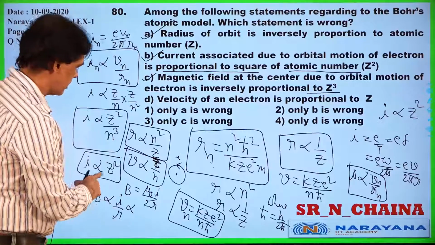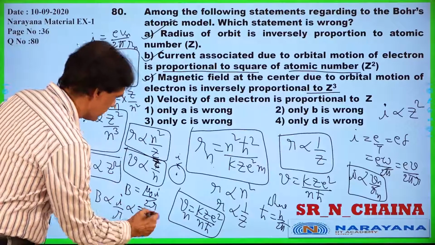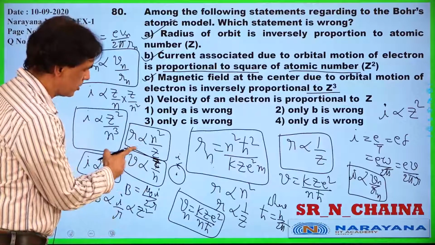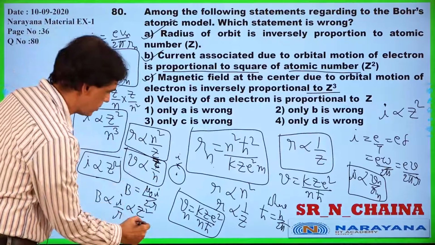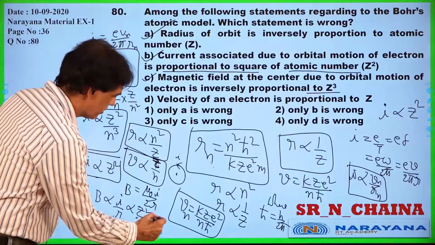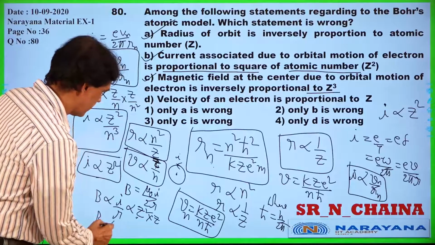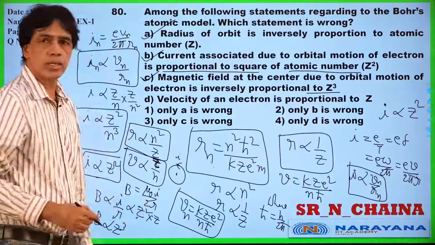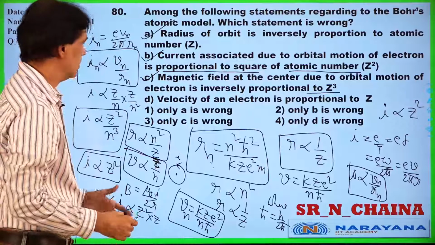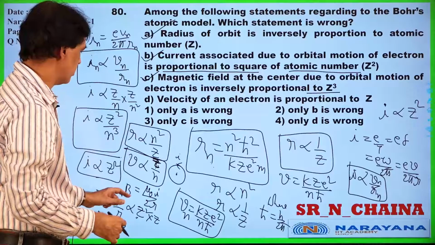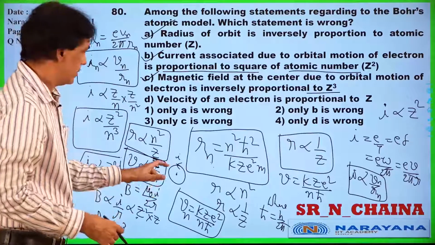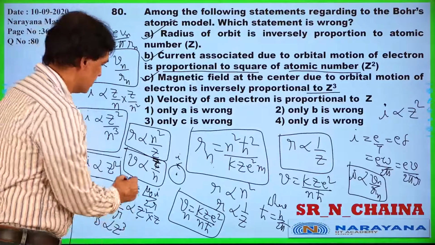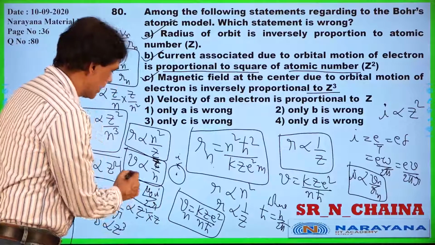So here we can write I is proportional to Z square, already proved. And R is inversely proportional to Z. So 1 by R will be Z. Therefore B is directly proportional to Z cube. So our third option is also correct. Have you understood? By using these proportionalities, we can find out that at the center of a circular orbit, when the electron is revolving like a current-carrying loop, B is given by mu naught I by 2R.